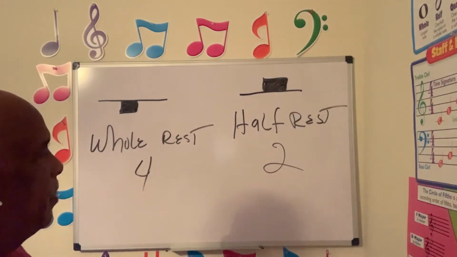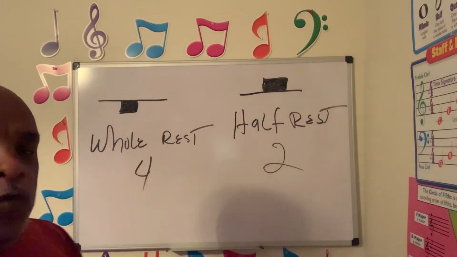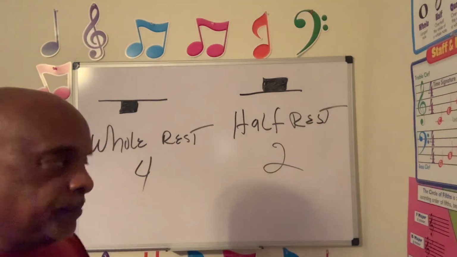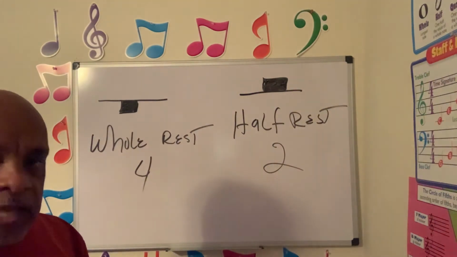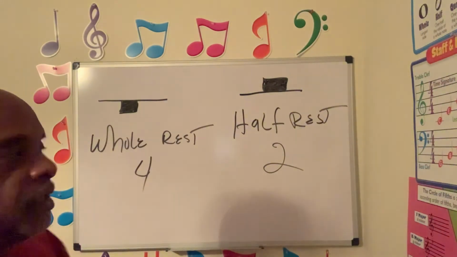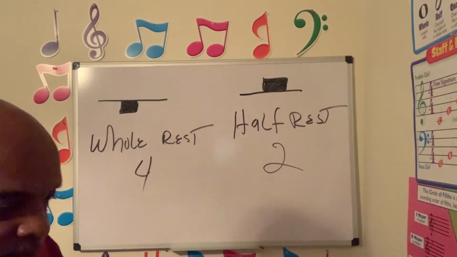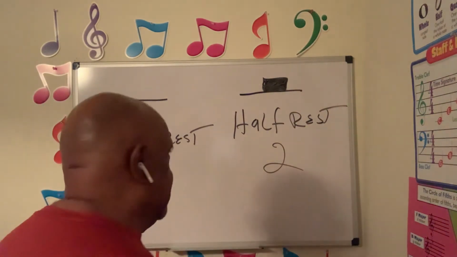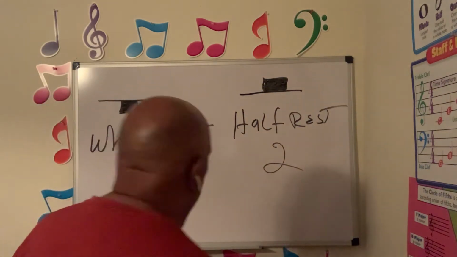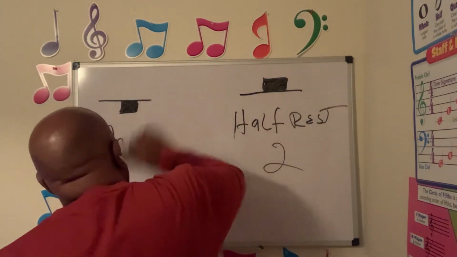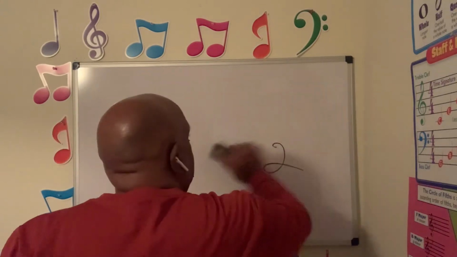One more time. The whole rest gets 4 beats like the whole note. The half rest gets 2 beats like the half note. And we're going to get into what line it is and all of that in our next session. I just want to bring the rest to you. All right, let's go further.